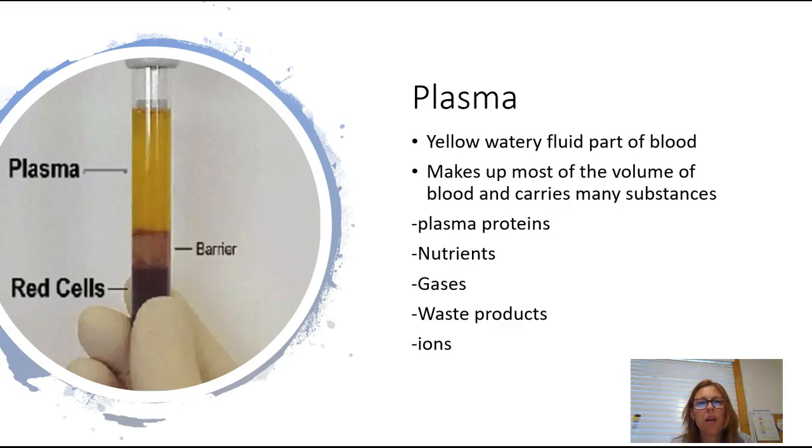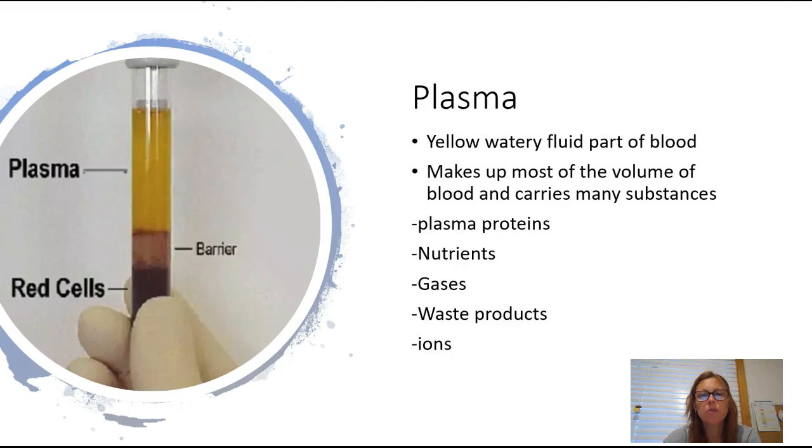So in that barrier is where you're likely to have your platelets and your white blood cells. So in the plasma, we've got our plasma proteins, some nutrients. Again, it helps carry through the gases, the waste products, and the ions, and so forth.